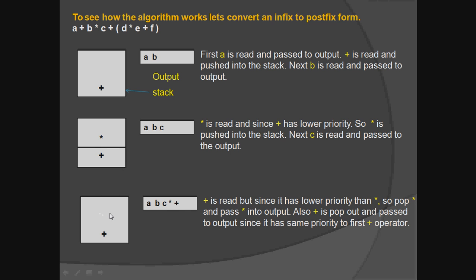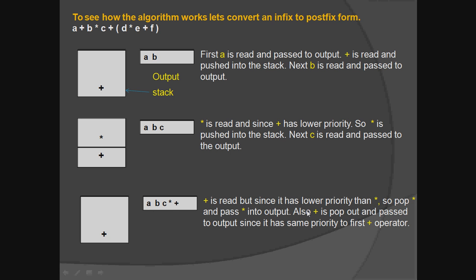So the plus symbol is held temporarily, and since it has lower priority than star, we pop the star and pass it to the output.